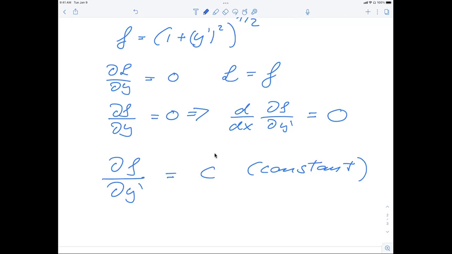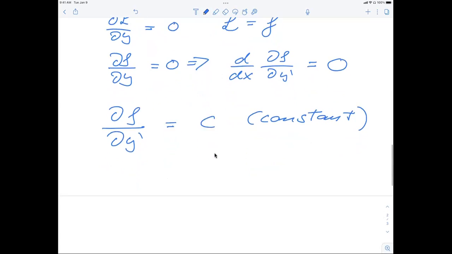Because the only thing I have is a dependence on the derivative of y as a function of x. And when I use the Euler-Lagrange equation, where I change L to the function f which we are studying, what follows is that the derivative of this function with respect to the y derivative has to be equal to a constant.